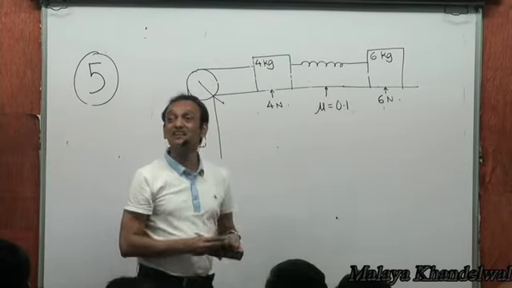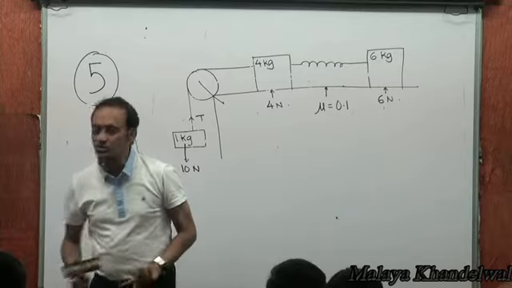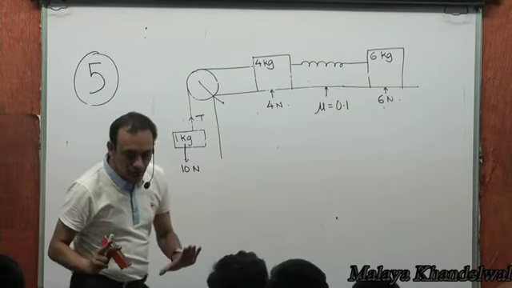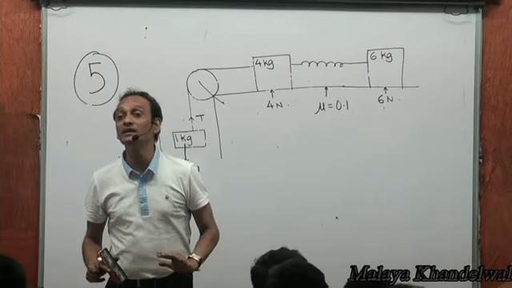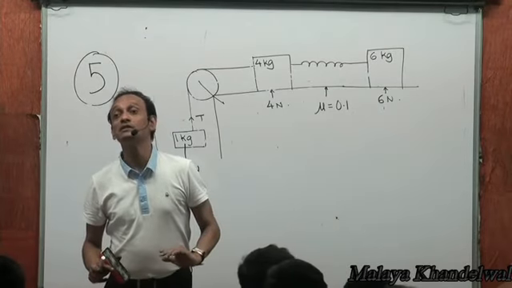Equilibrium only means acceleration is 0. It doesn't mean velocity is 0. It only means acceleration is 0. But by the time this happens, this block would have developed a velocity, because it has descended down. So equilibrium doesn't mean being at rest. Equilibrium only means net force 0.